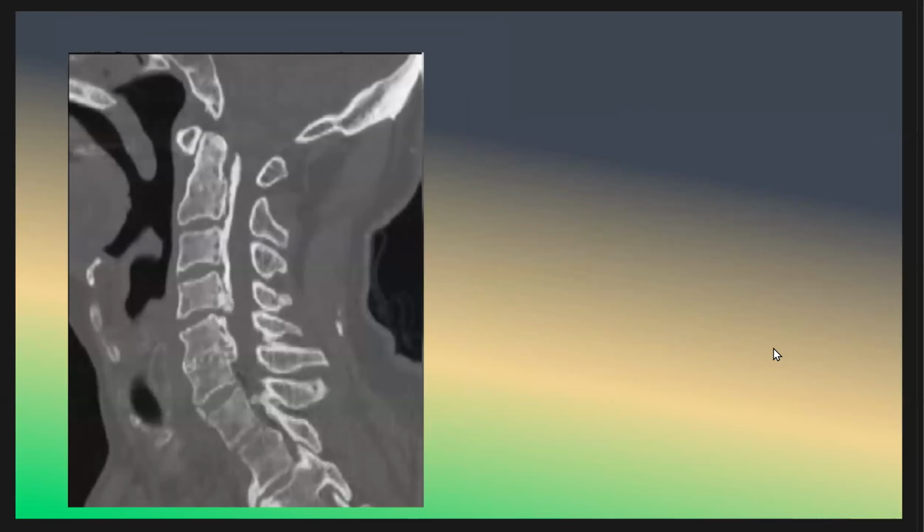Here, this is another patient. What do you think the patient has? Here we see the patient has posterior longitudinal ligament ossification, which can be associated with DISH.